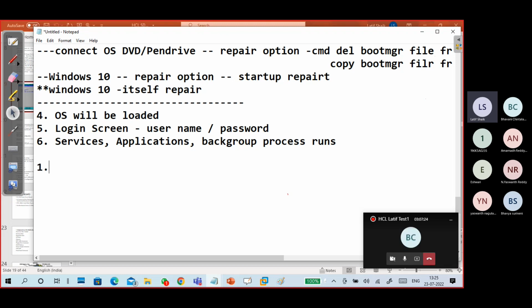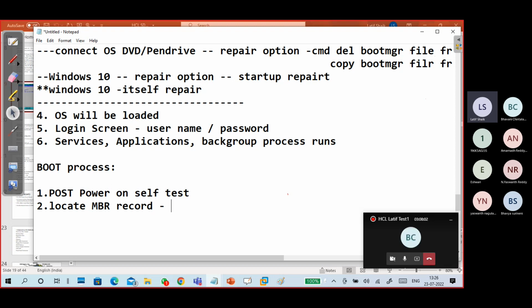So again, guys, first is the boot processing steps. Again, I'm telling: the first one is power on self test. What is it? Power on self test. The system tests itself whether all the devices are functioning or not. The second one is to locate or find the MBR record.